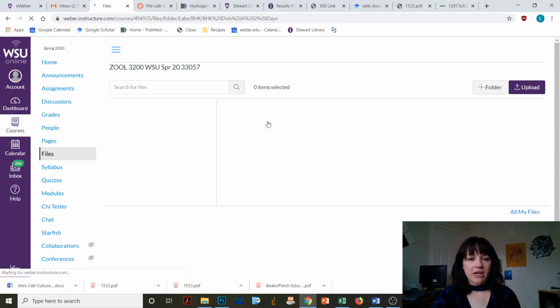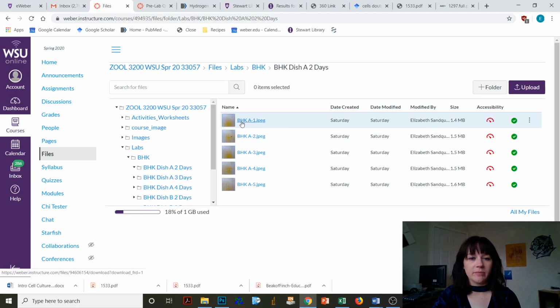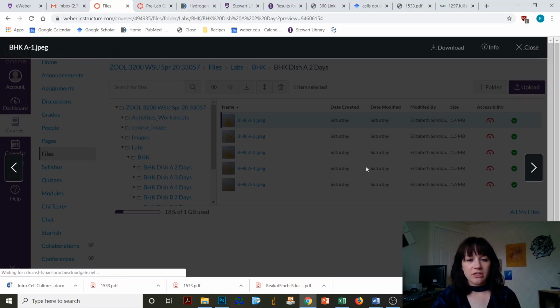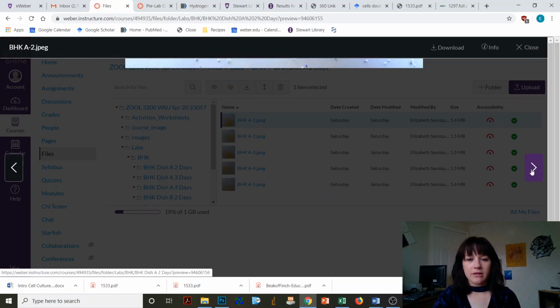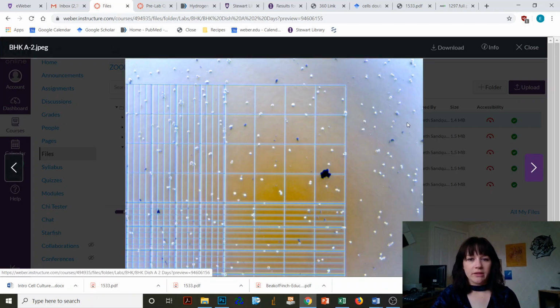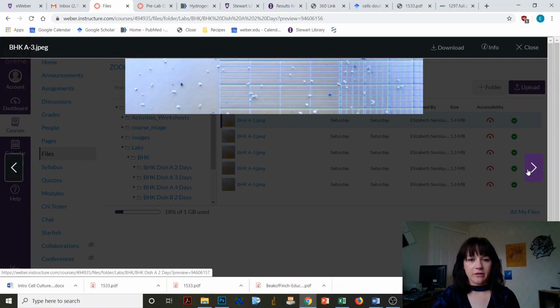When you look at dish A, for example, at 2 days in culture, you can see there are 5 images. Each image is one of those squares in the hemocytometer, right? So you can go in and count these cells, right? Just like you did in lab a week ago.